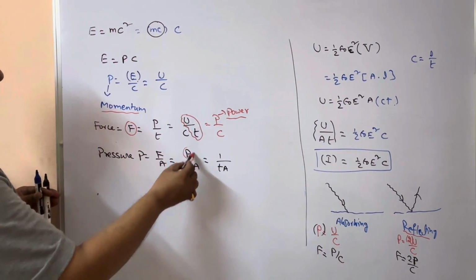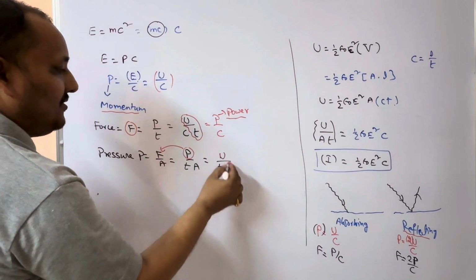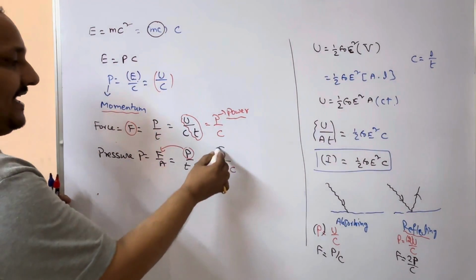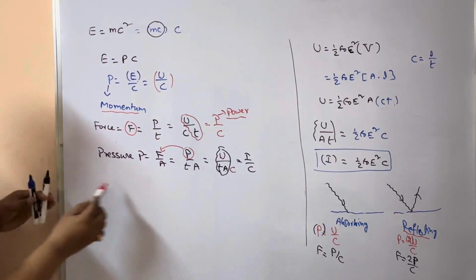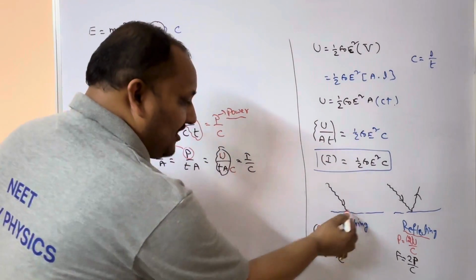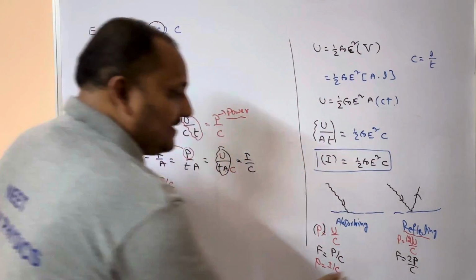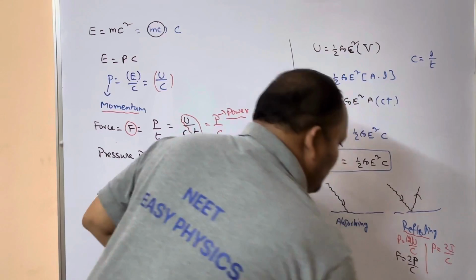Energy per unit time per unit area we know is I. So it is I by c. So pressure P is equal to I by c. How much pressure is acting on an absorbing surface? P is equal to I by c. On a reflecting surface, P is equal to 2I by c.